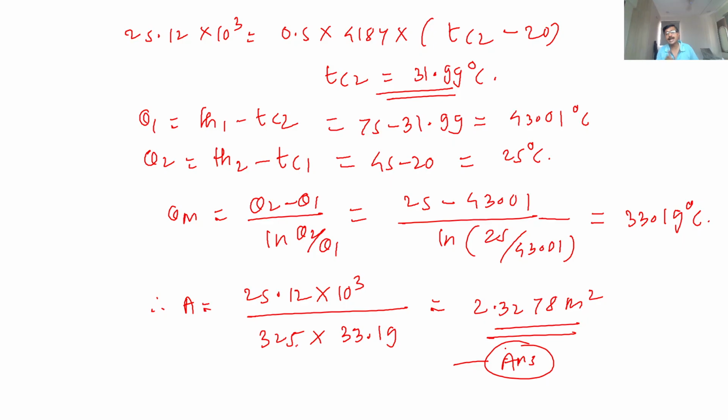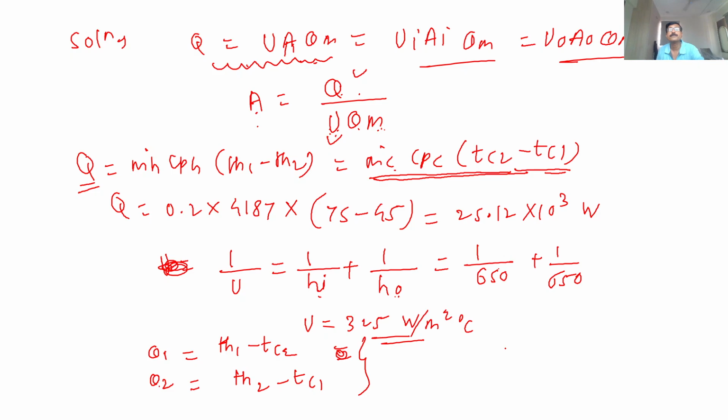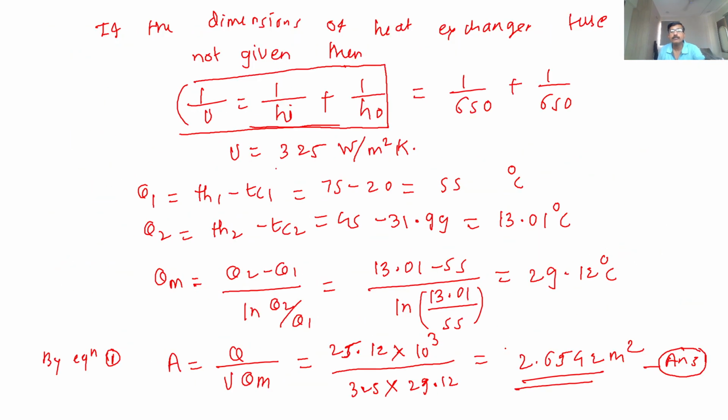Now student, in the last problem the same data was there, and that was a parallel flow heat exchanger. In this problem the same data is there, but the problem is for counterflow. Let's compare the values. What is the LMTD value for the parallel flow heat exchanger? It is 29.12, let's assume 29.